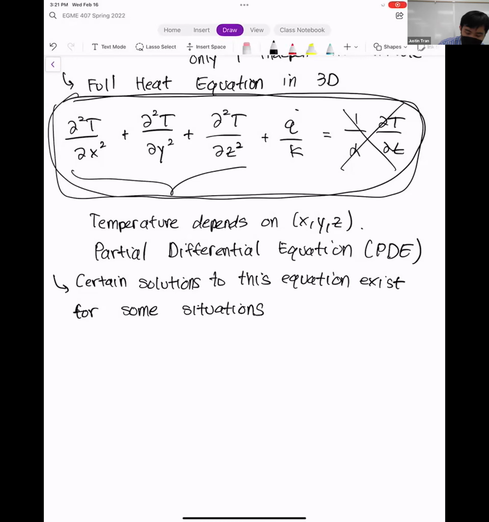People have actually put in the time to solve this temperature distribution for certain situations. So if we come across another situation that looks similar to something that's already been solved, we can take their solution and apply it to our situation.